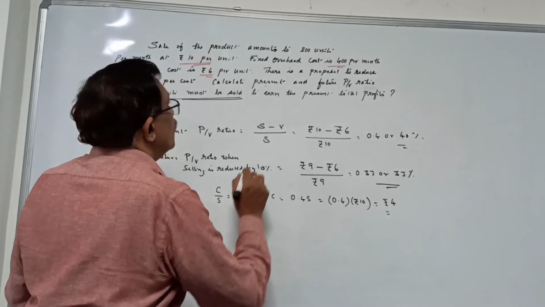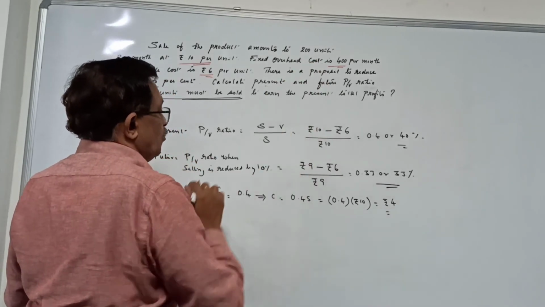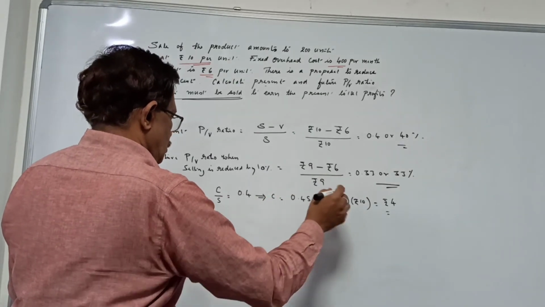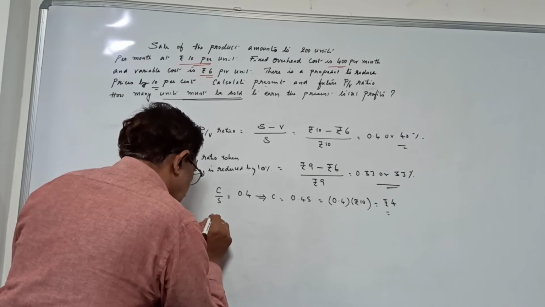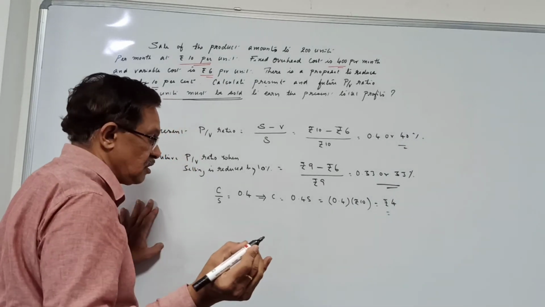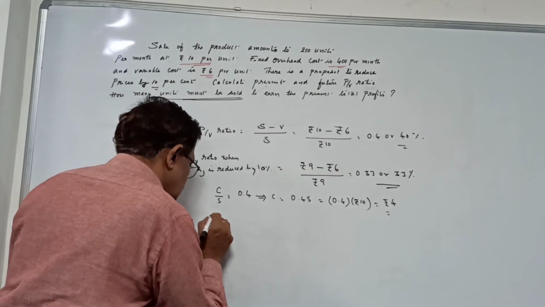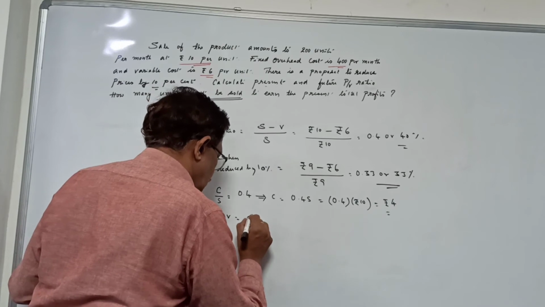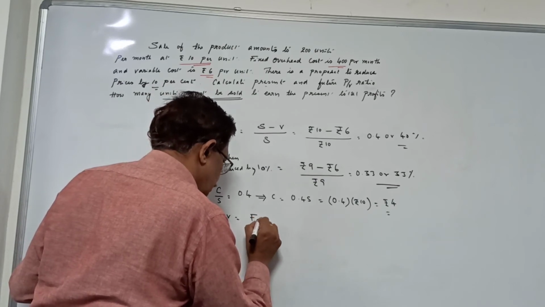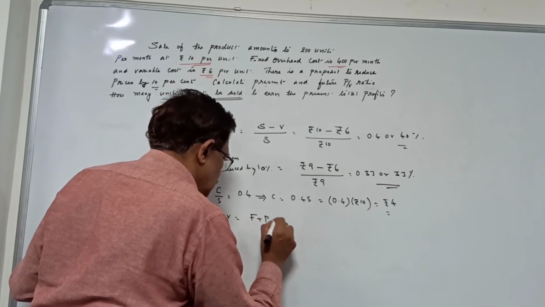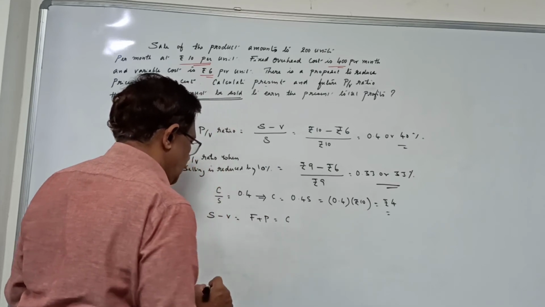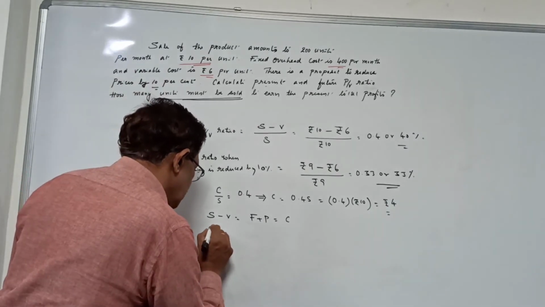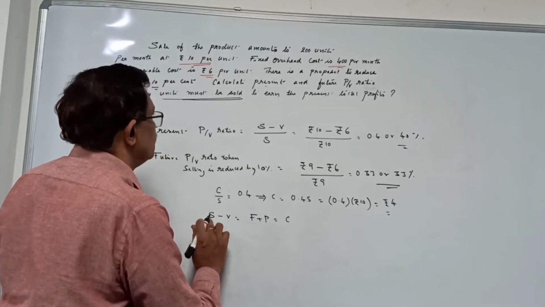Then we know that by the marginal costing equation we can find out the profit. What is the marginal costing equation? We have discussed. The marginal costing equation says that S minus V is equal to F plus P, which is equivalent to C. S is how much?